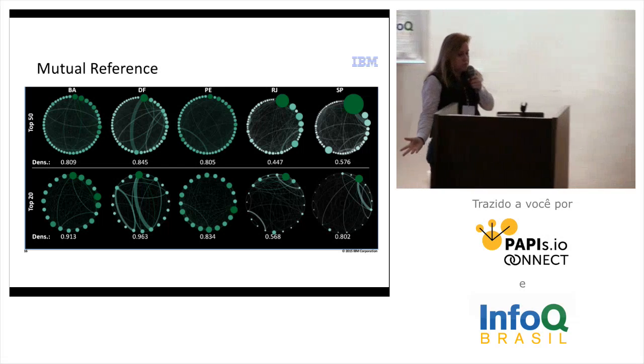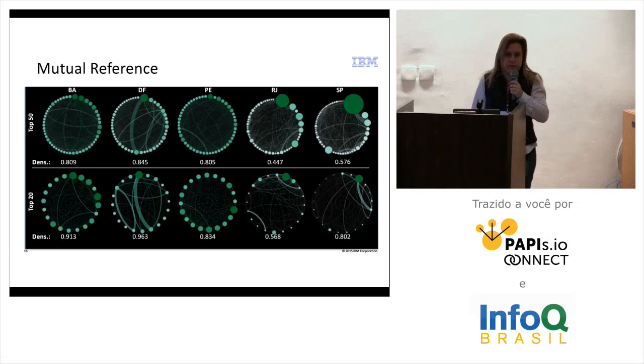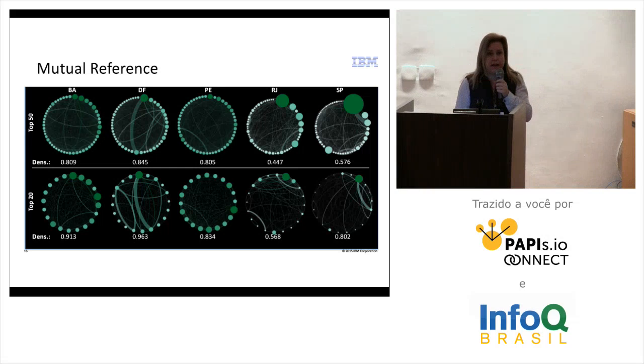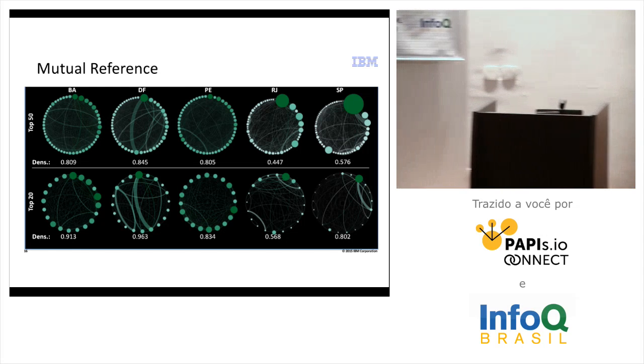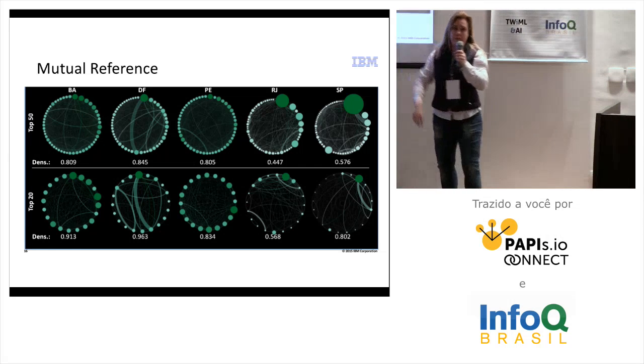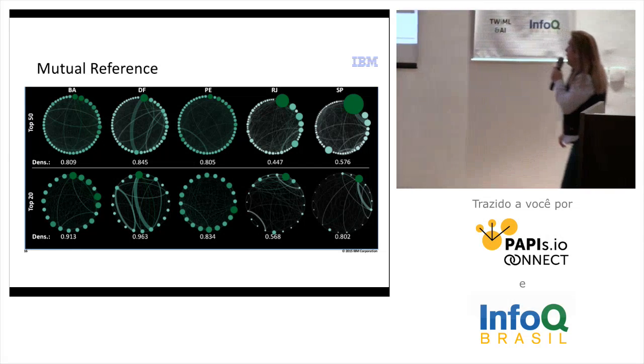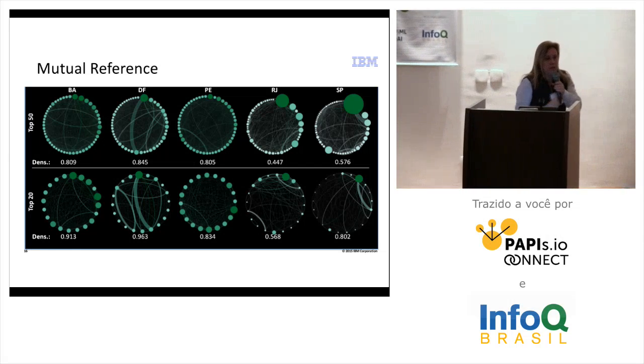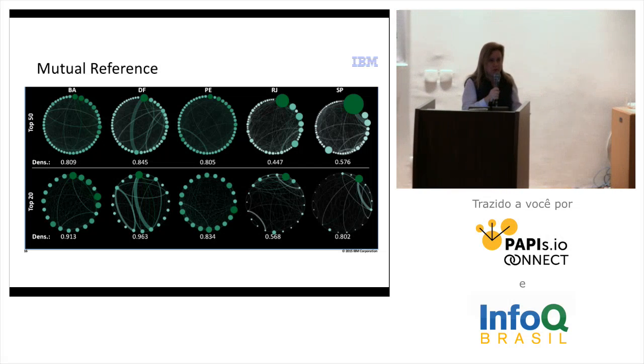And the distribution is different for Rio and São Paulo. We can see that in Rio and São Paulo we have very big guys that attract most of the patients, and we have very large connections. For example, here, these two guys, actually these three guys work very nicely together. So this could be because the health insurance company has more representativeness in São Paulo and Rio de Janeiro and less offering in other states.